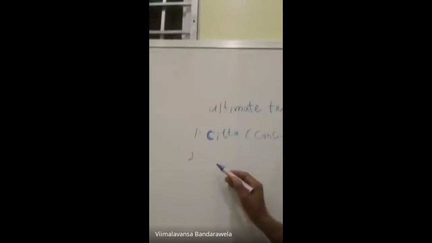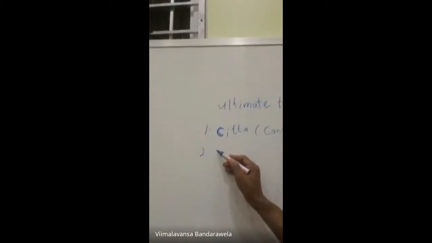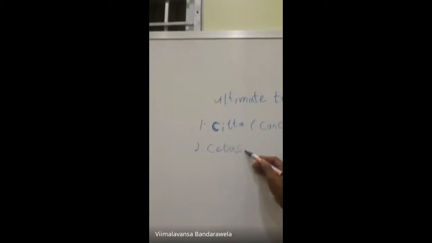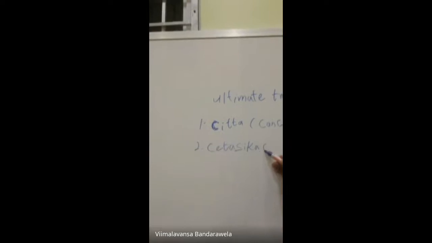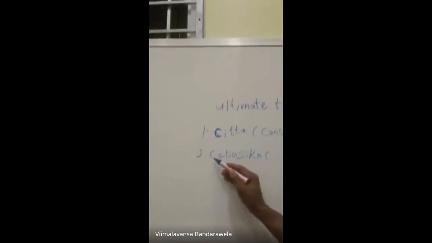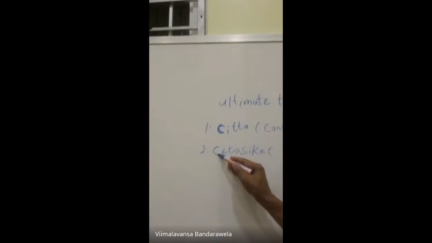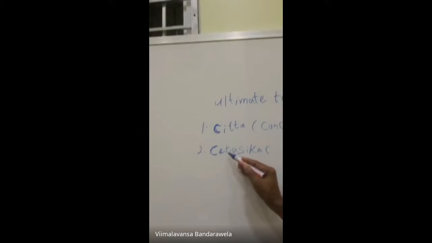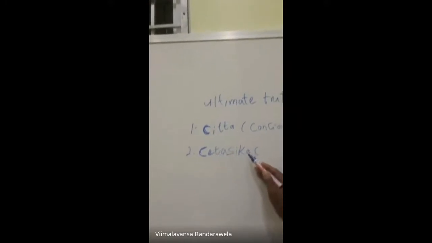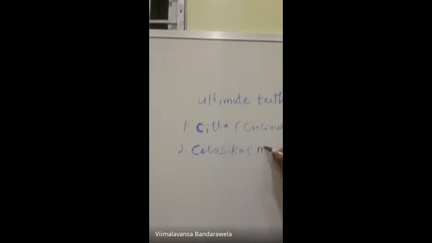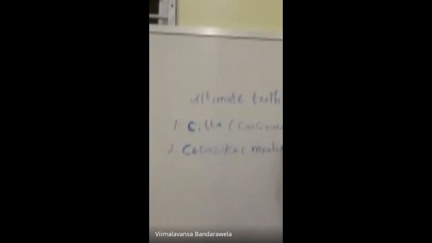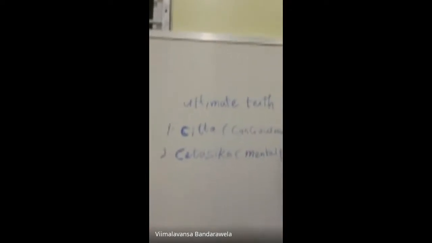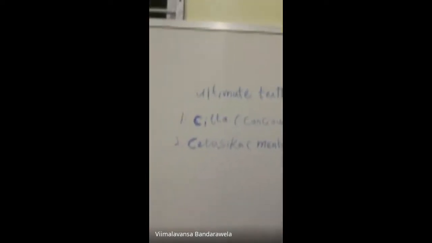Consciousness. Then the other one is Cetasika. The second one is Cetasika. See, this C is Cha. Cetasika means mental factors, right?